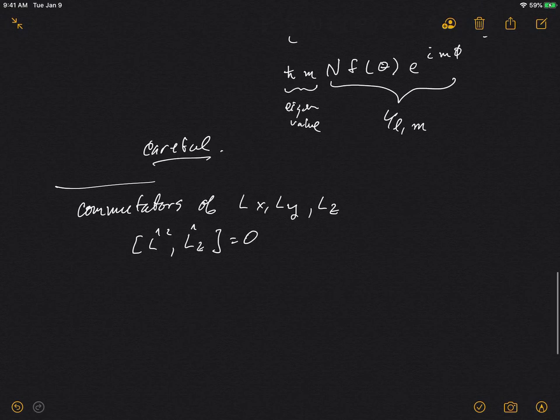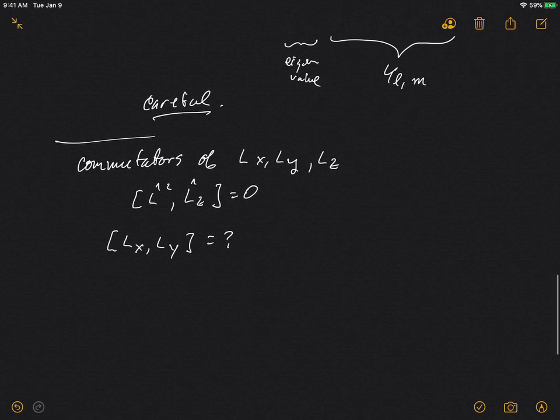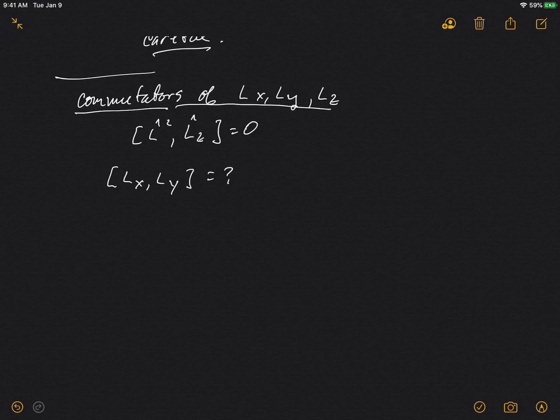But that is not true for, say, Lx and Ly. So let's take a look at these commutators of Lx and Ly, or Ly and Lz, and so on. And this is a nice exercise in commutators and the associated mathematical steps.